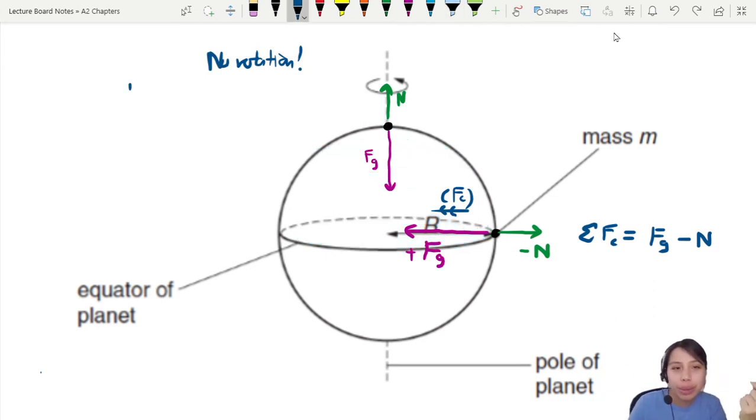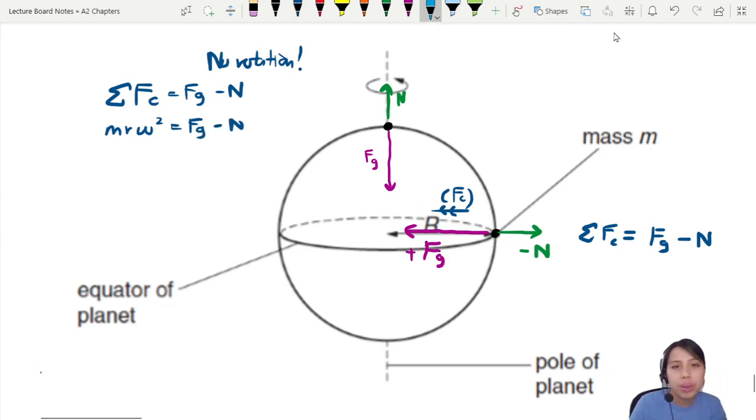So if you want to write the equation, it will be something like this. Fc equals to Fg minus N. Or we can rearrange this, because there is no rotation: m R omega square equals to Fg, which is the same everywhere, minus N. The radius is 0.